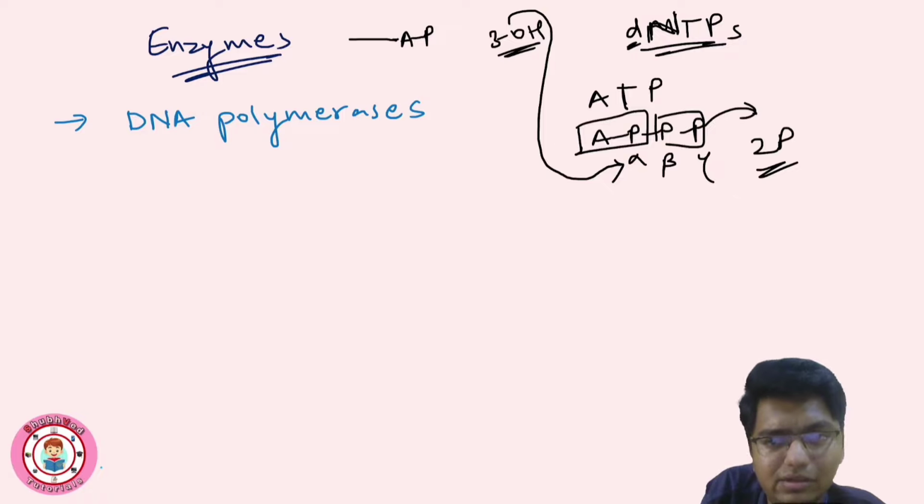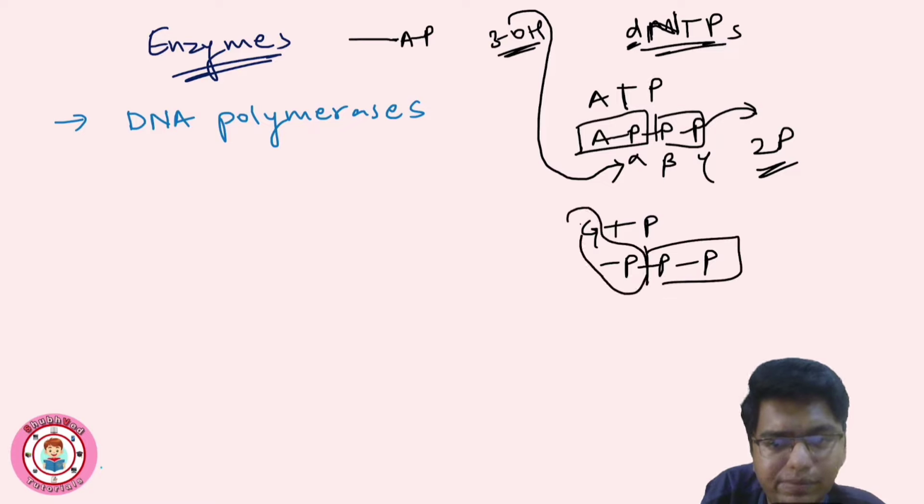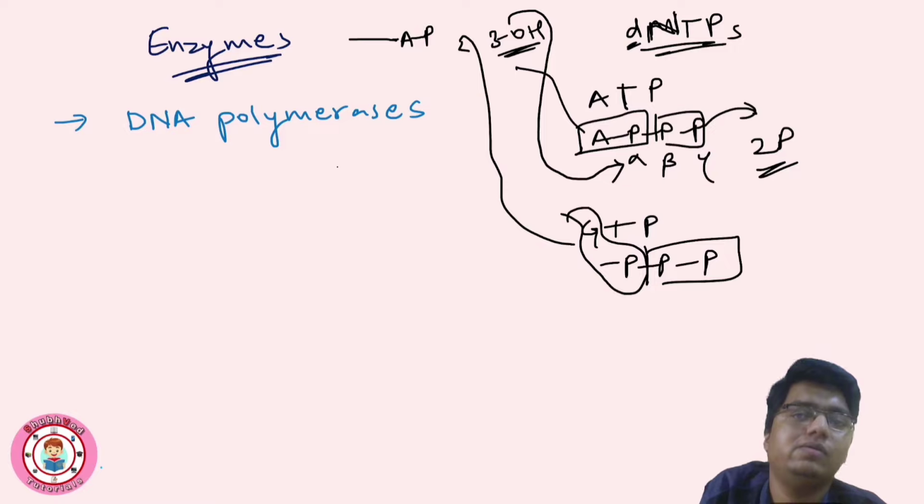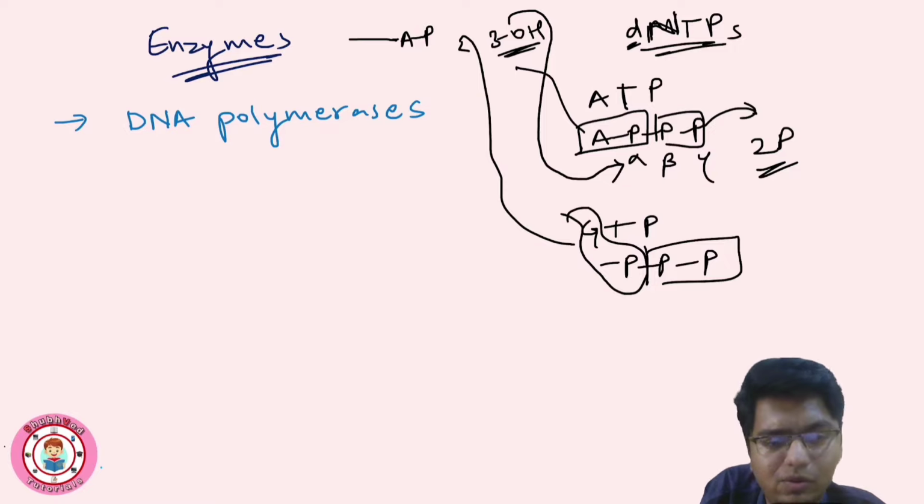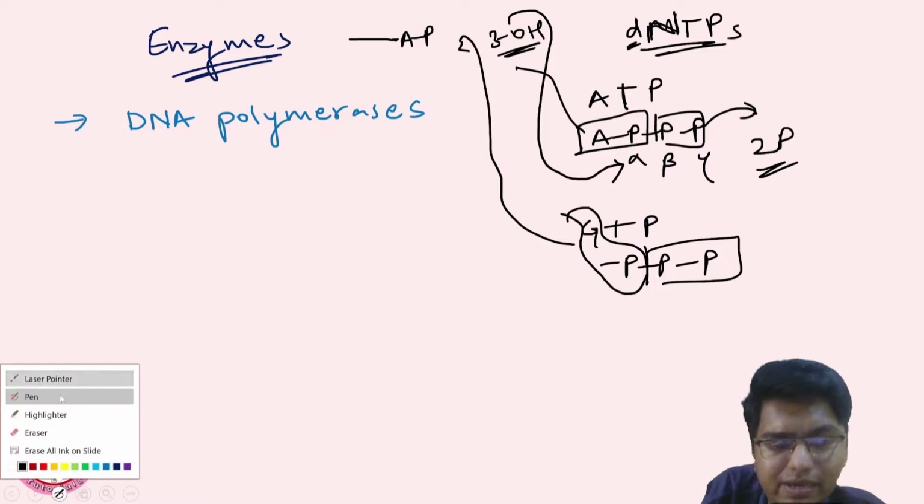Like this, another nucleotide will come, suppose GTP, which again has three phosphates. Two will be removed, and G along with one phosphate will go with adenine right here. So this is the overall chemical reaction.